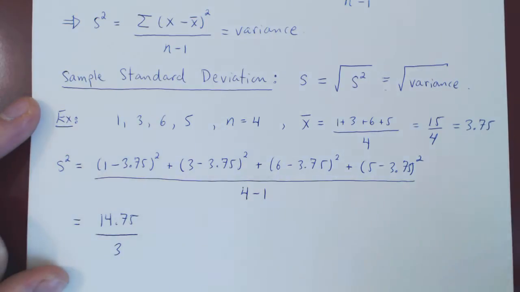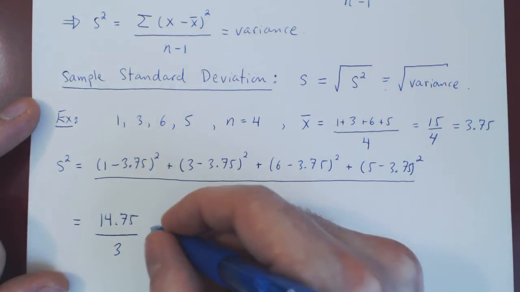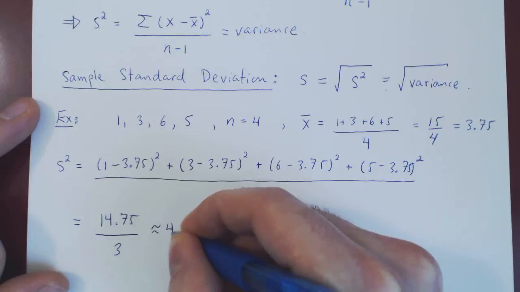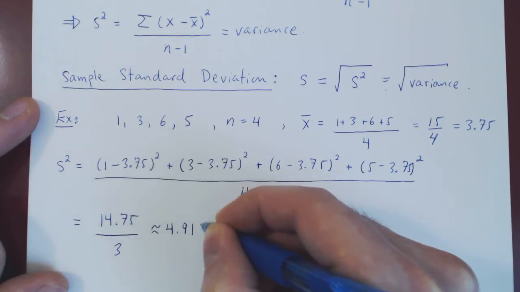Let me double check this quickly. Alright, 14.75, perfect. And if you want, you can divide by 3, and you have approximately 4.9167.